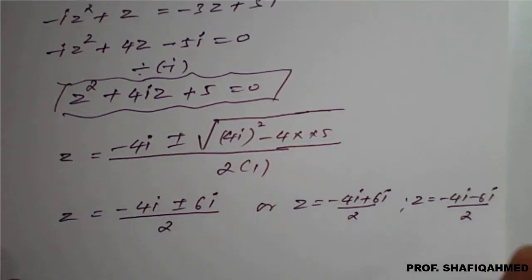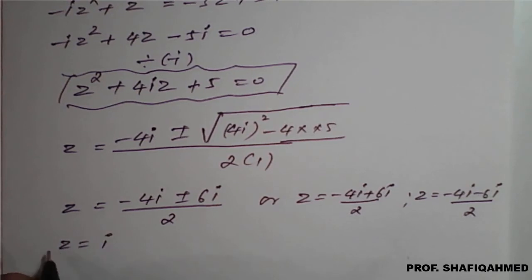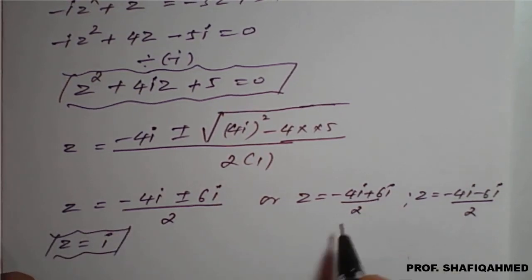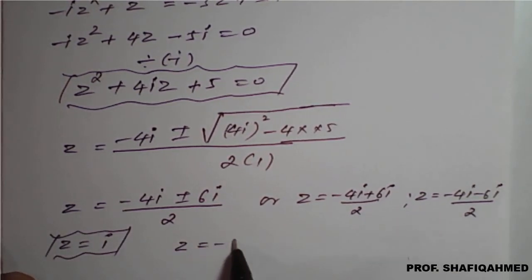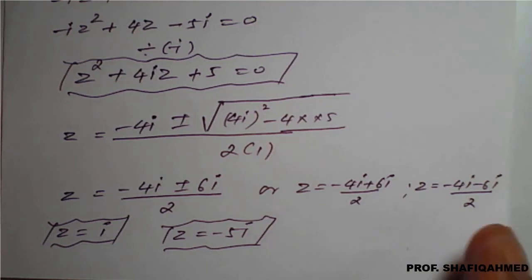On final simplification, one z value will be i with plus sign, and with minus sign z is equal to minus 5i. Which are nothing but the required invariant points.